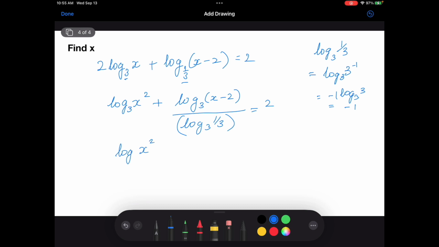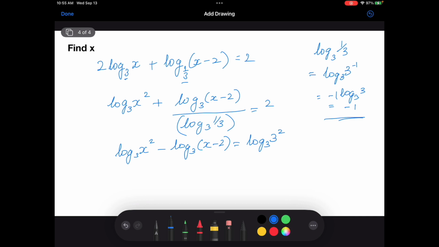So we can write it as log x squared minus log x minus 2 to the base 3. Now we have to write 2 also as base 3 and make it easy for us to solve the equation. We can write it as log 3 squared to the base 3. Using the same method as shown above, we know that log 3 squared to the base 3 is nothing but 2.